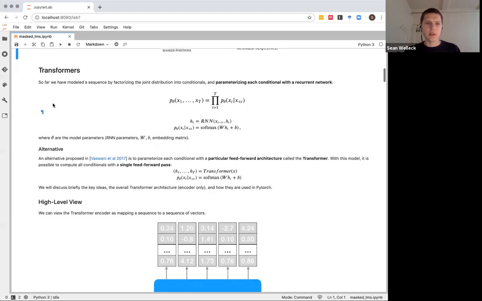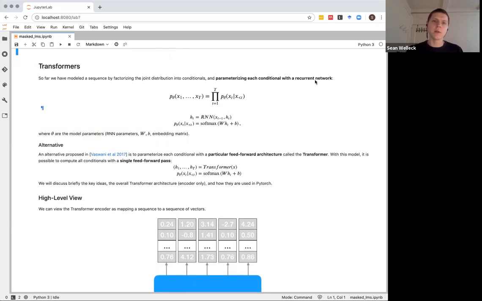And I guess to motivate them, we could think about first what we did with recurrent neural networks. So with recurrent neural networks, when we were just doing normal language modeling, we had these different conditional distributions, and we had this hidden state, which was kind of recursively defined in the sense that you have some hidden state, you produce a new one, and you kind of go in this process.